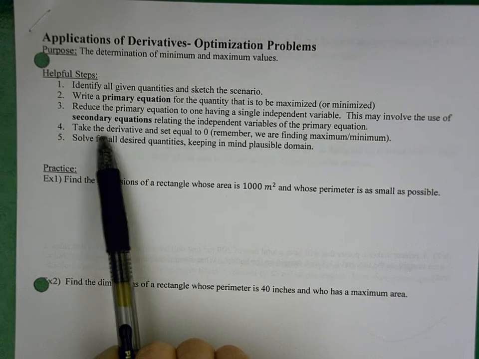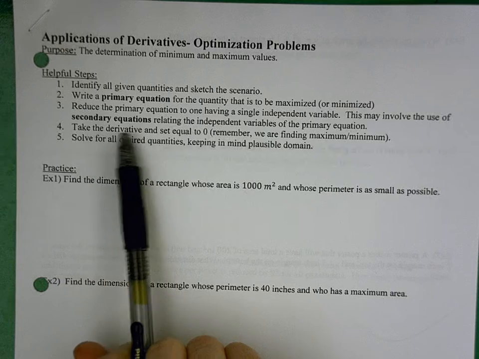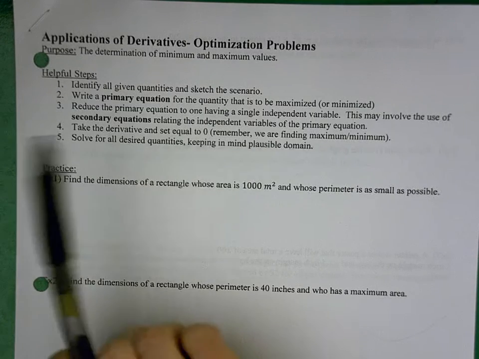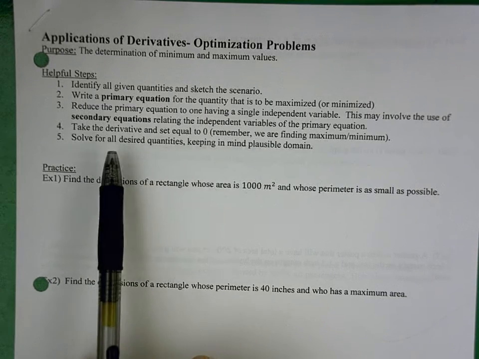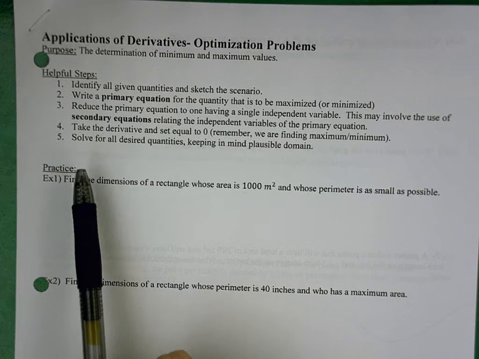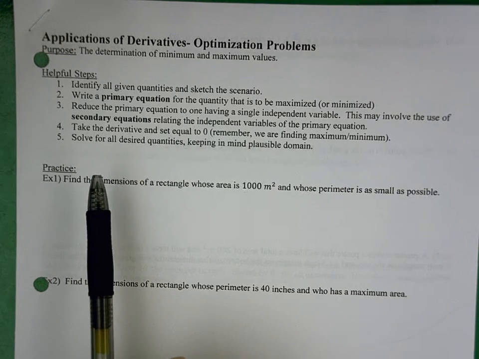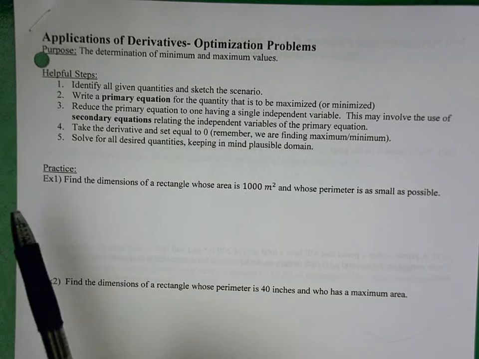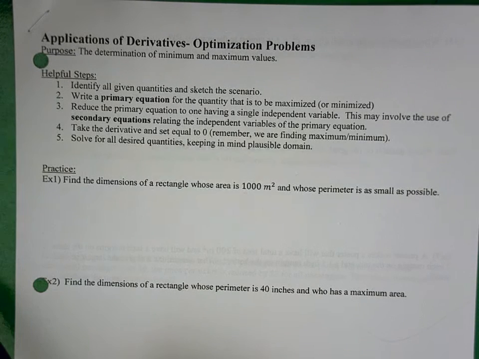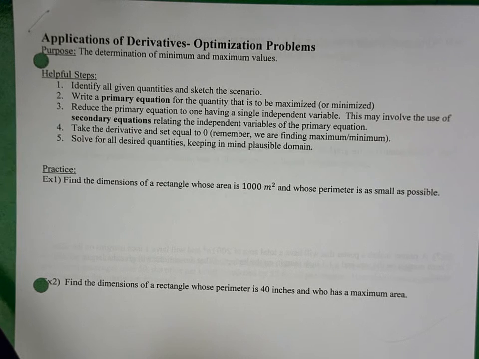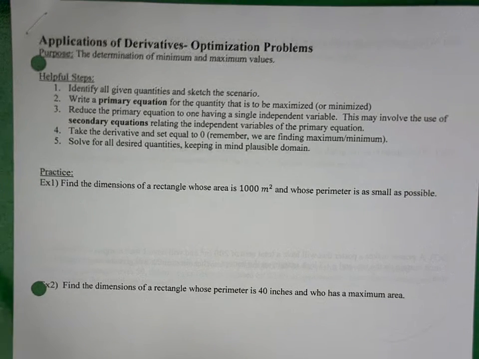At that point, you're going to take the derivative of your primary equation, you're going to set it equal to 0, because remember, we're finding maximums and minimums. And then number 5, you're solving for all desired quantities, keeping in mind plausible domain. When we're talking about plausible domain, this would be, for example, if you were looking at side lengths of a box and you're trying to maximize volume.